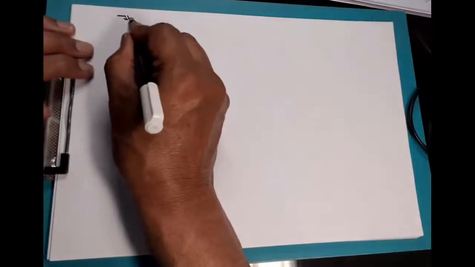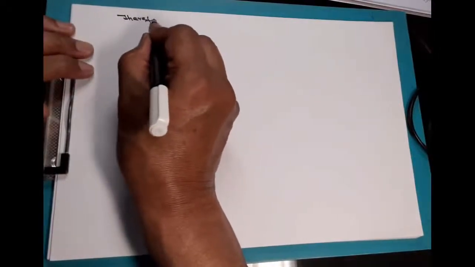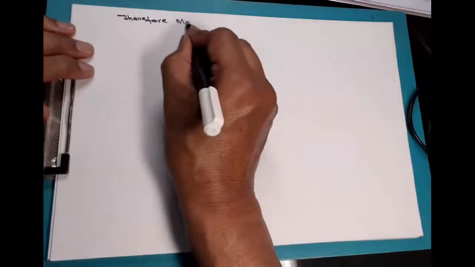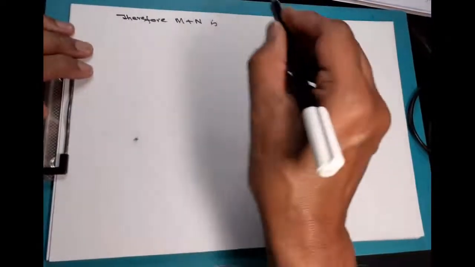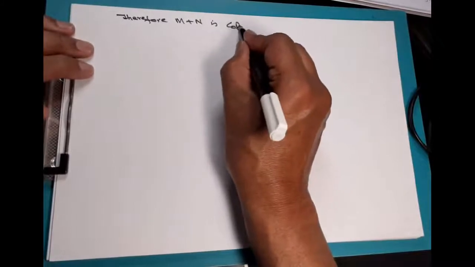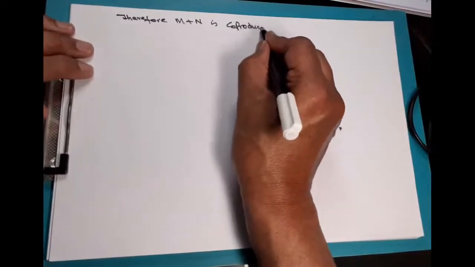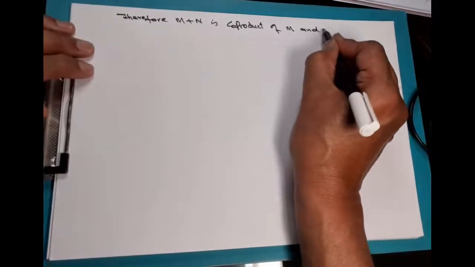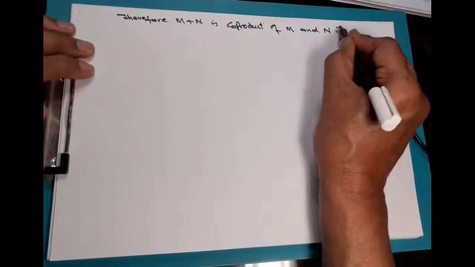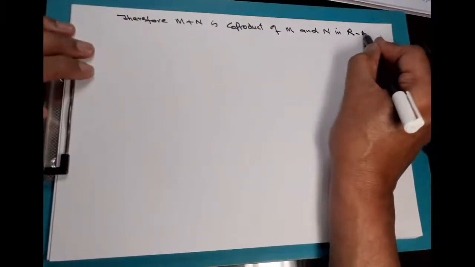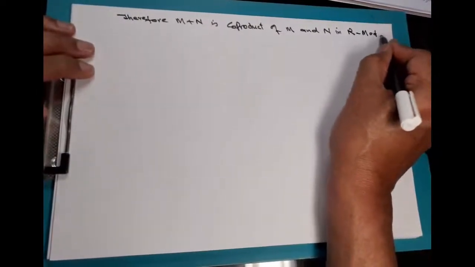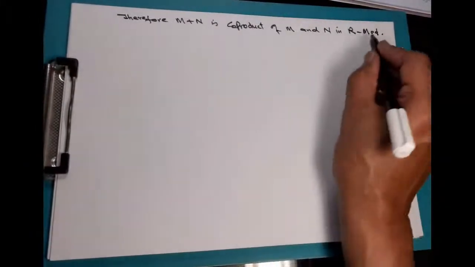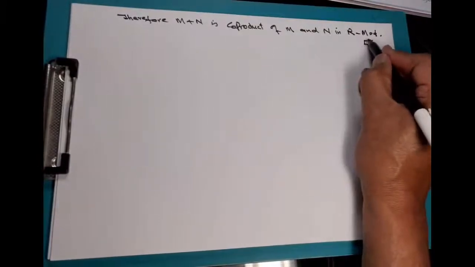So therefore, M plus N is the co-product of M and N in the category of left R-modules. So we have completed this proof.